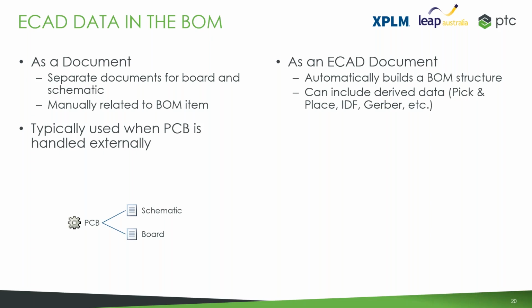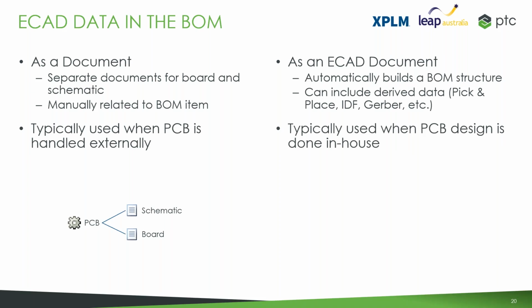So this is more when we're doing our own internal electronics design, okay? From that perspective, we want to check in the ECAD document and build a BOM structure. With that, we can start to look at including derived data, so things like pick and place and IDF and Gerber files, okay? So this is when the PCB design is done in-house.